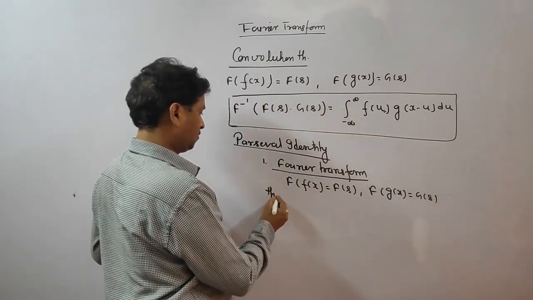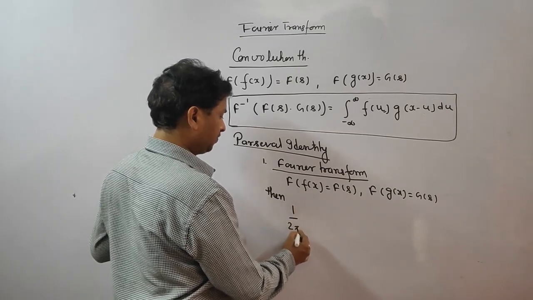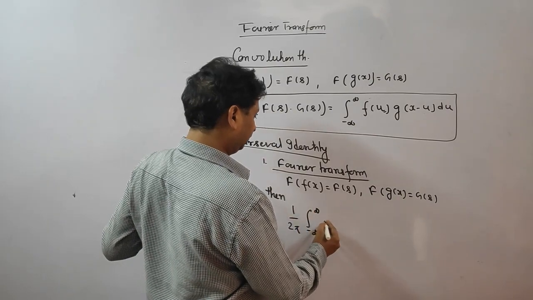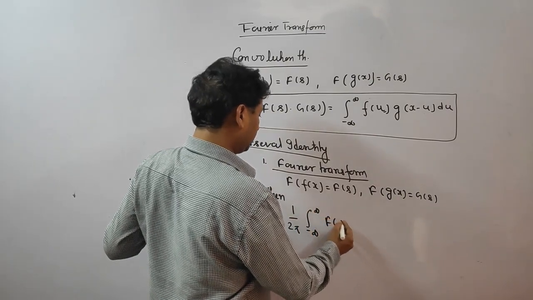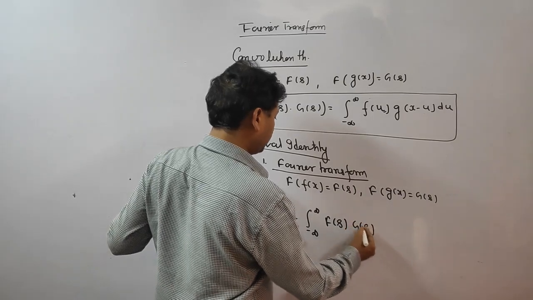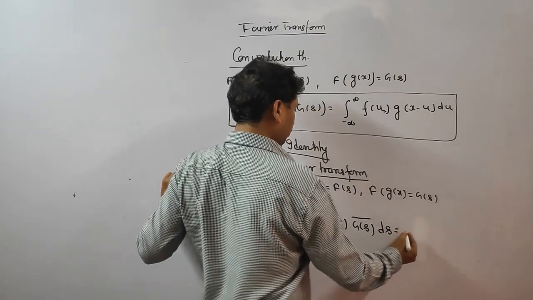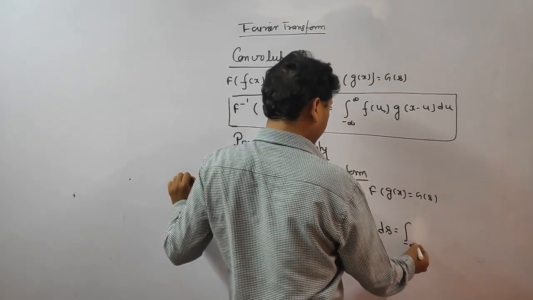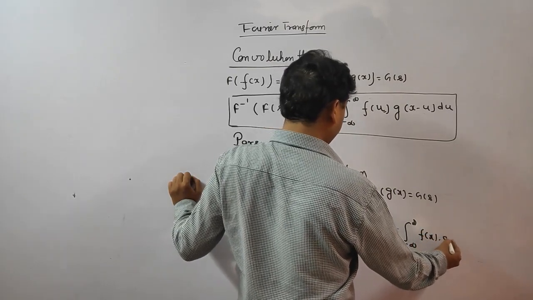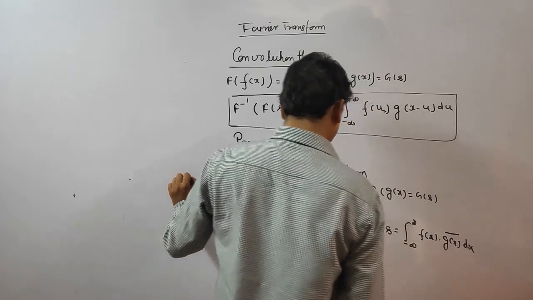Then the Parseval identity is 1 upon 2 pi, integral from minus infinity to infinity of F(s) into G(s) conjugate ds, is equal to the integral from minus infinity to infinity of f(x) into g(x) conjugate dx.